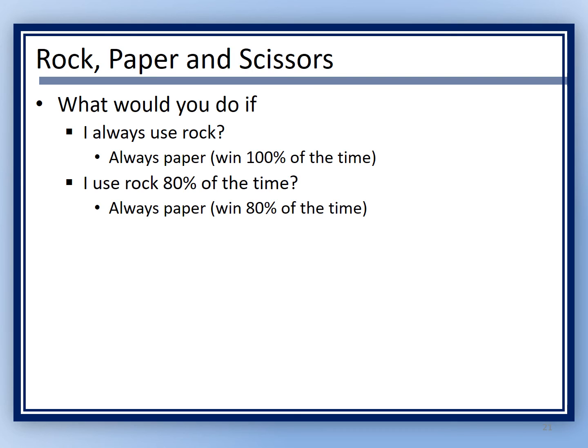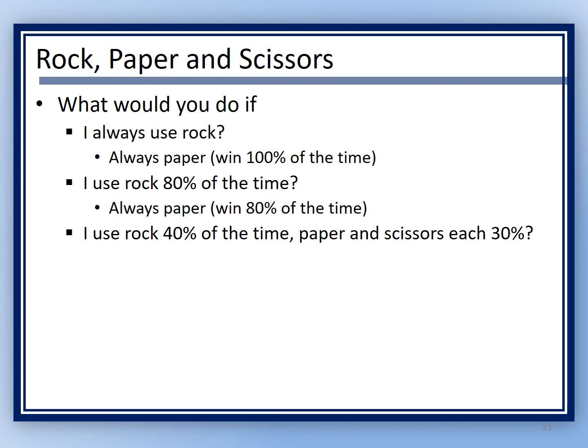Then within those 80% of the time that you use paper, there's an 80% chance you're going to see my rock. So that's only a 64% chance of winning. You must always use paper to win 80% of the time. If you only use paper 80% of the time, you only win 64% of the time.